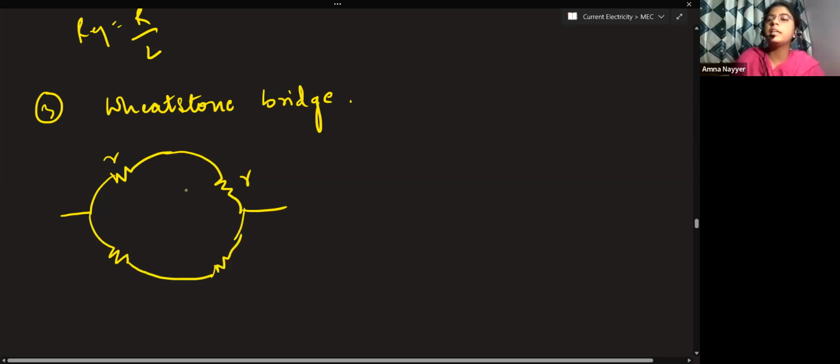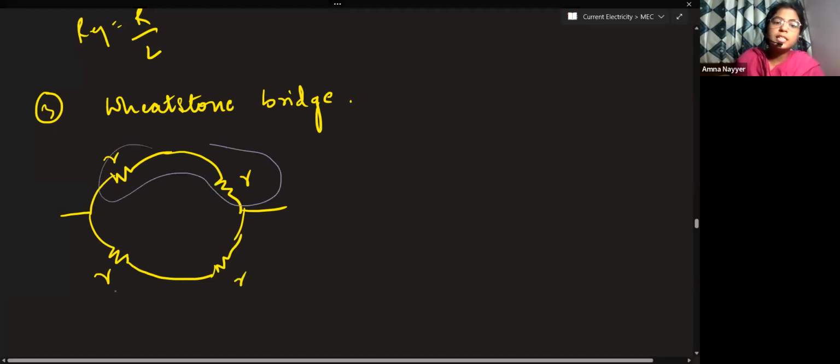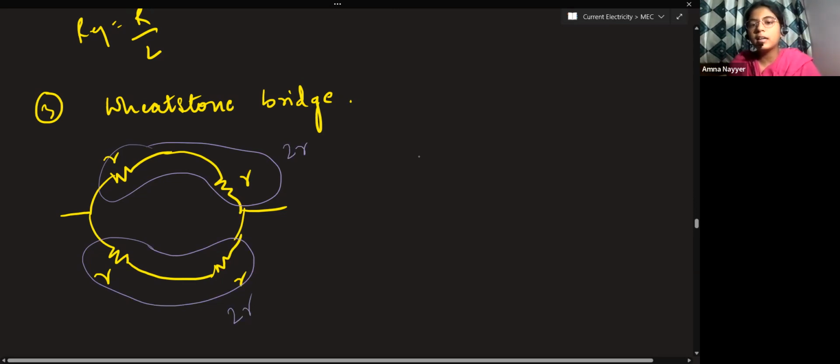You have to eliminate this middle wire because there is no current flowing. Now see, this is similar to what we have done in the first question. These two are connected in series, so this becomes 2R, this becomes 2R. Then 2R and 2R, both of these are connected in parallel.